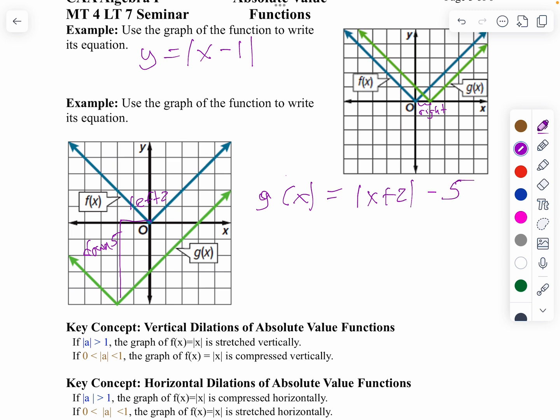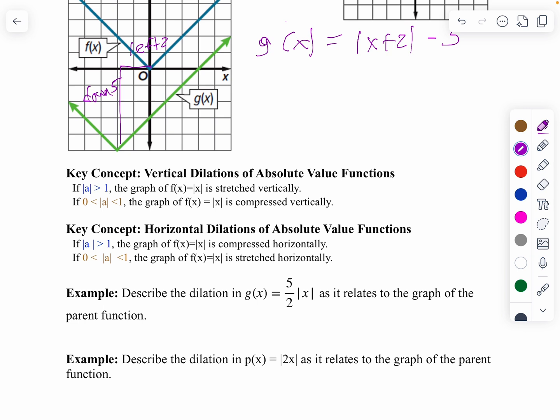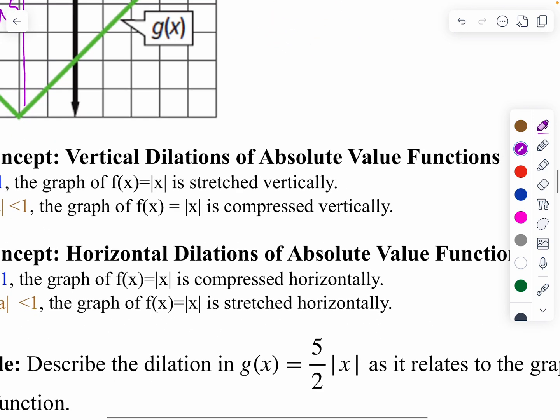And there's your answer. Now if I look at my next one, when I have a number that I'm multiplying my absolute value by, I'm going to change the slope, essentially. It's not the slope, but it's essentially the slope. If I look at the piecewise function, it is the slope.